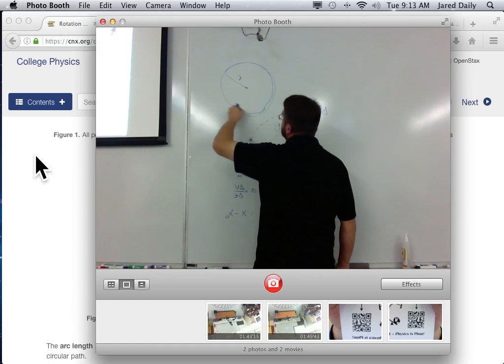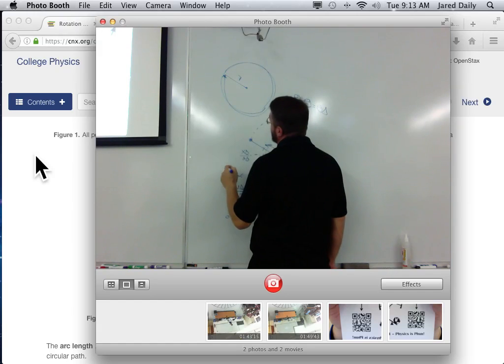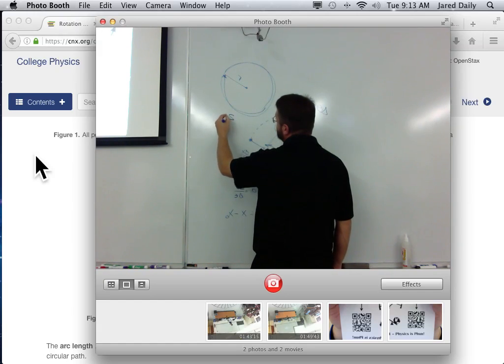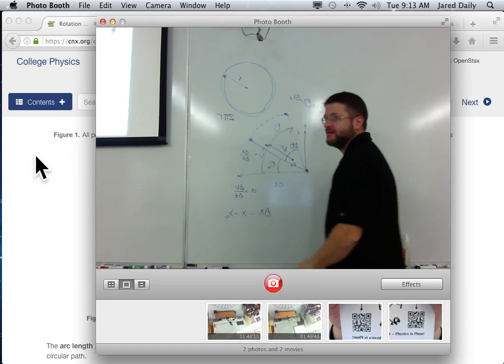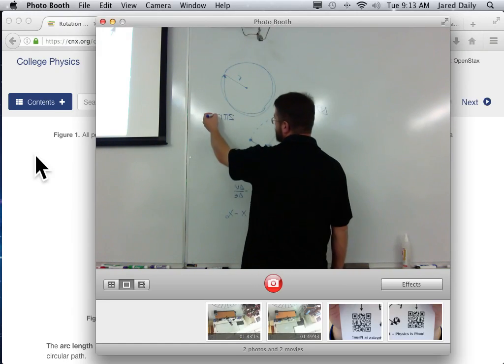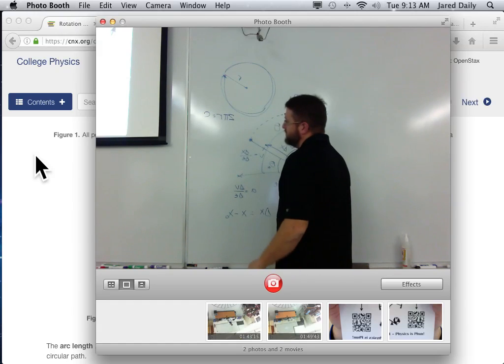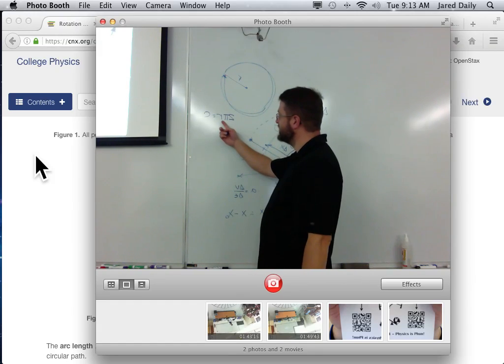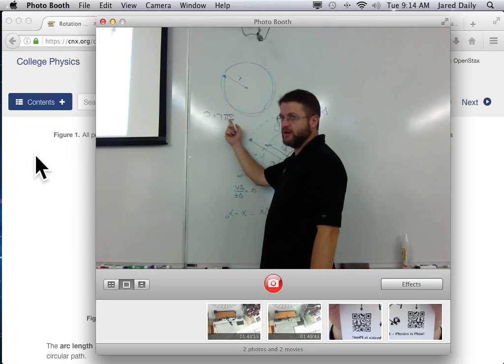This distance here is what? 2 pi times r, right? That is that distance. We call it the circumference if we want to. But really, it's the amount of distance around a circle of radius r right here, right?